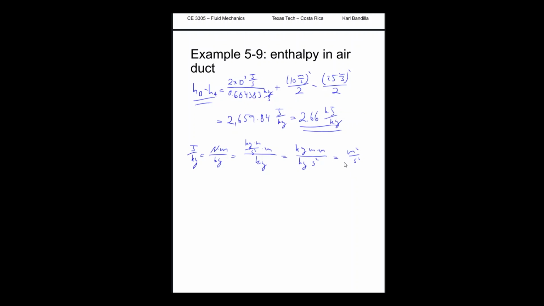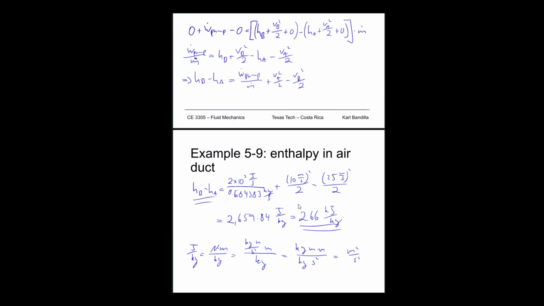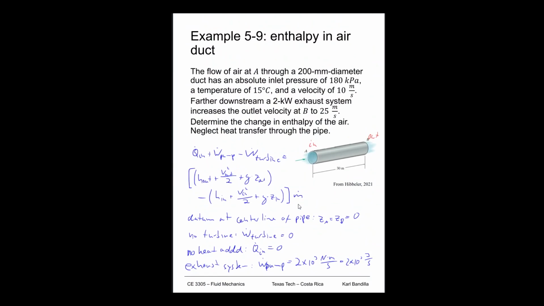So we can see now that meters squared per second squared comes up with the same as joule per kilogram, which looks a little strange, but that's how units work. All right, so this was trying to figure out what the enthalpy change was from A to B, based on an exhaust system in the middle there somewhere, and we found out that the enthalpy changes by 2.66 kilojoule per kilogram.